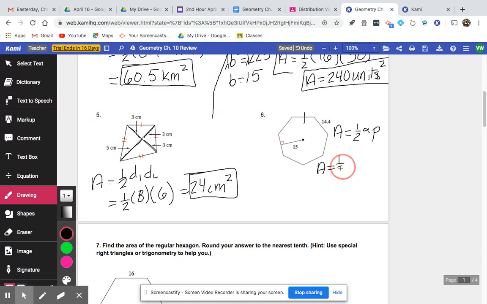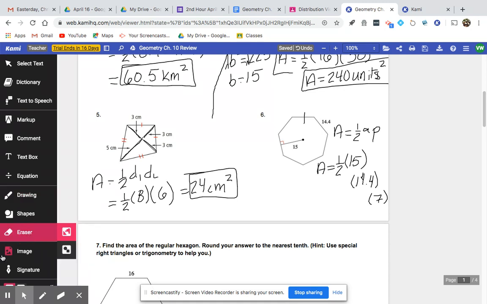So you got 1/2 times our apothem, which is 15. 14.4 times 7 is how we're going to do that to find the perimeter. I apologize for my writing here. Maybe I'll write it below there. Might be a little bit easier.